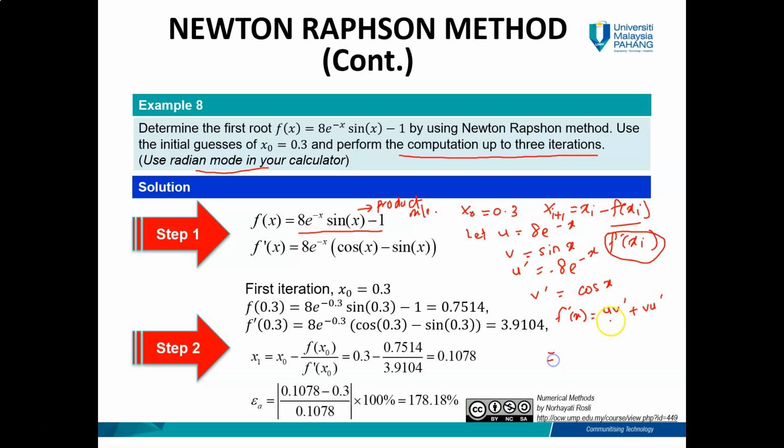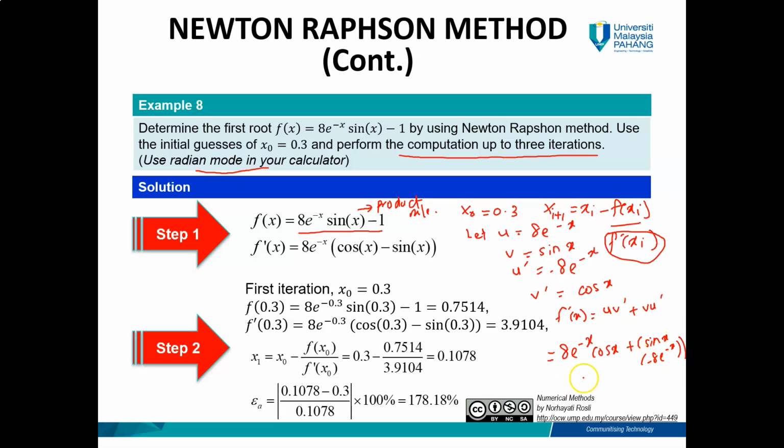So u is e to the negative x, v prime is cos x, plus v is sine x, times u prime, negative e to the negative x.